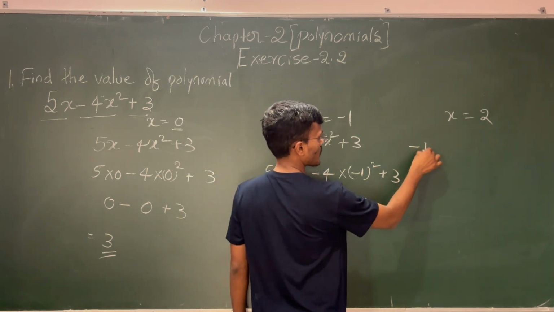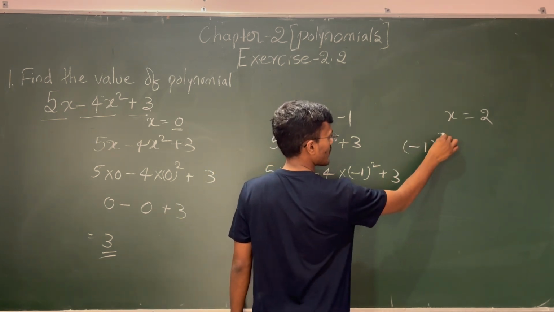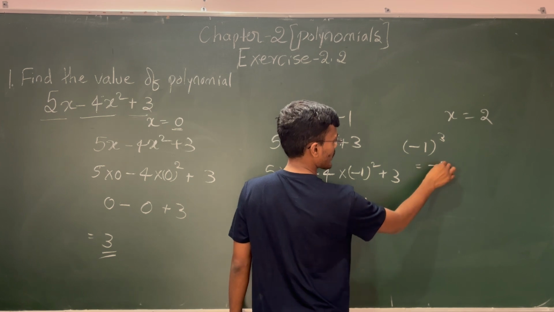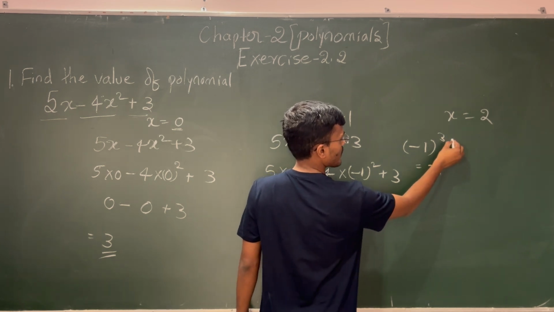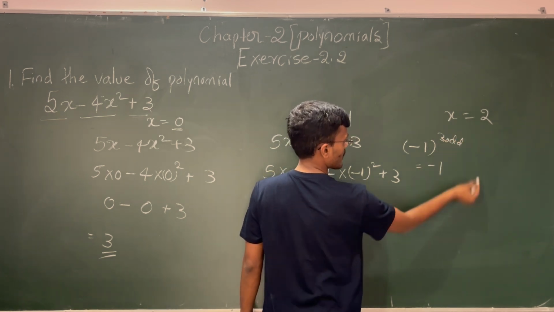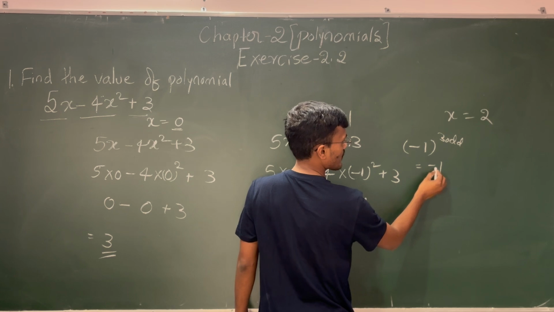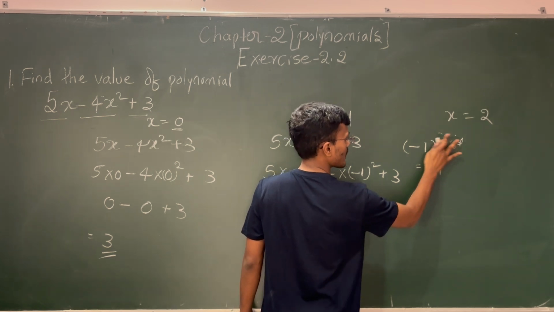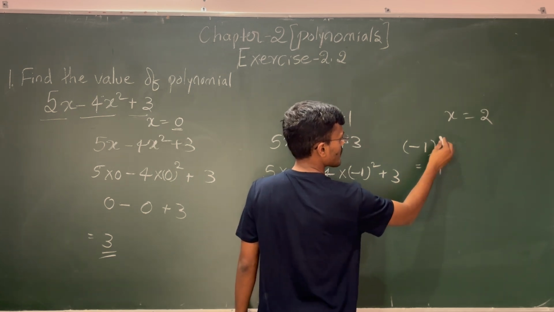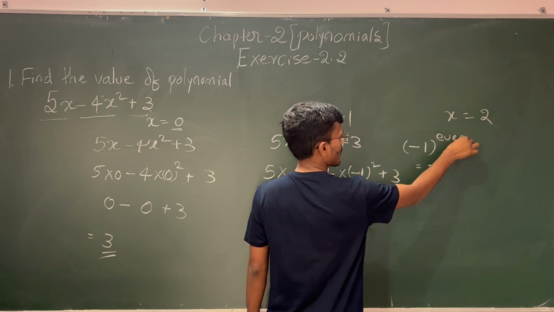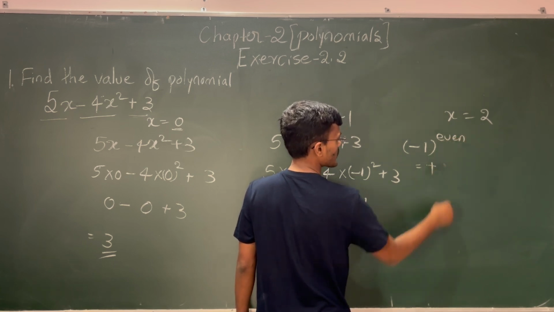Suppose minus 1 whole cube, the answer is minus 1. So remember, if the power is odd, it will always be a minus. If the power is even, it always becomes plus.